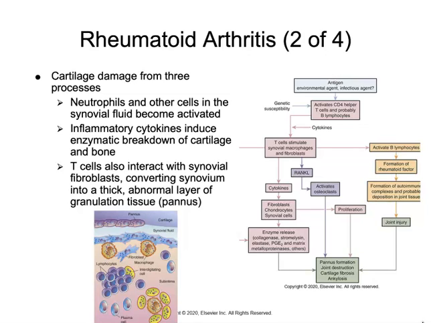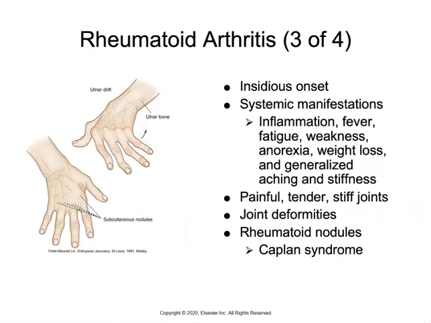We can also have the inflammation progress into areas like the fibrous joint capsule, our ligaments, and tendons, and that can contribute to the pain, joint instability, deformity, and functional loss that these clients experience. Now we see with RA that it has an insidious onset, gradually developing over weeks to months. Besides the joints, it can also have wide-ranging effects on multiple organ systems.